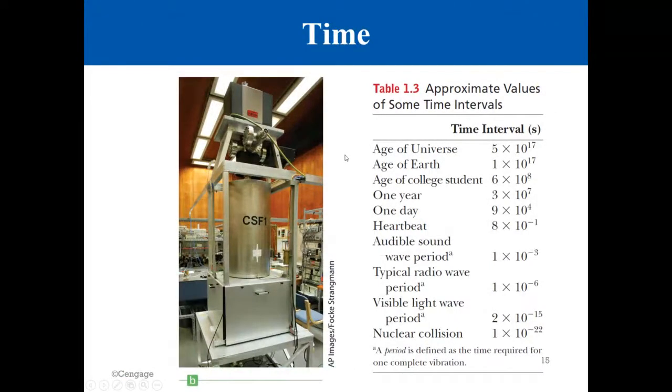The third fundamental quantity when we do physics measurement is time. Here the standard of time in the SI system, the unit of time, is the second. 1 second is the standard of time. Some examples: in 1 day, there are 9 by 10 to the power 4 seconds.